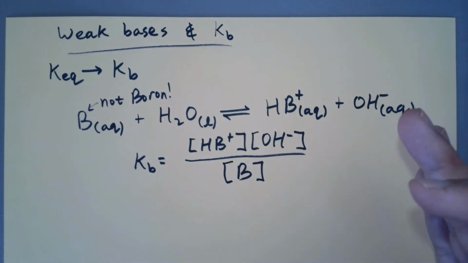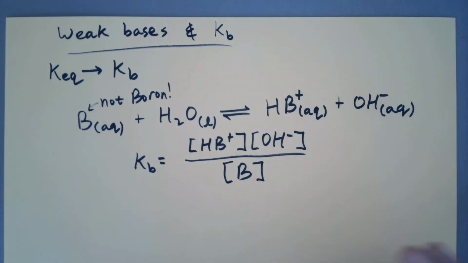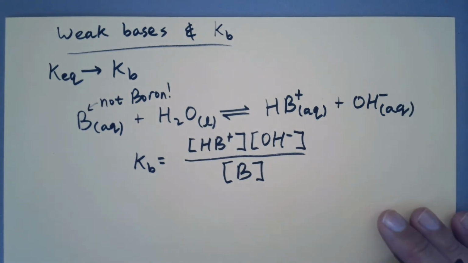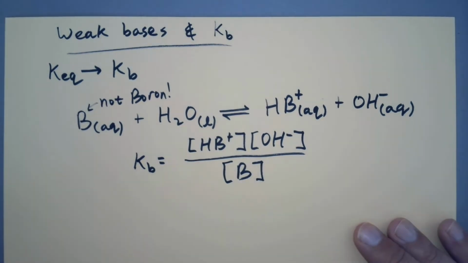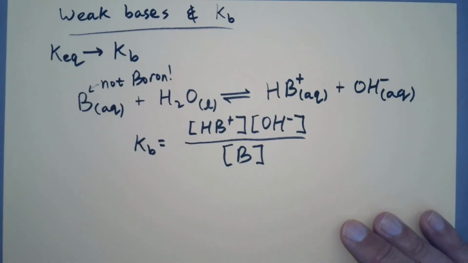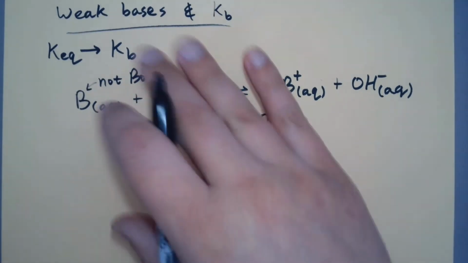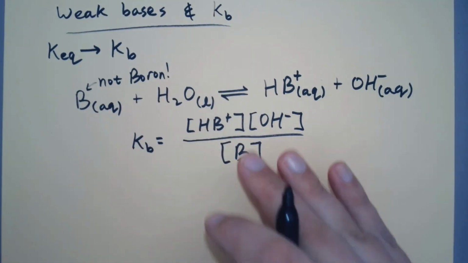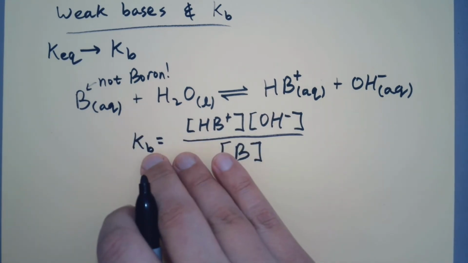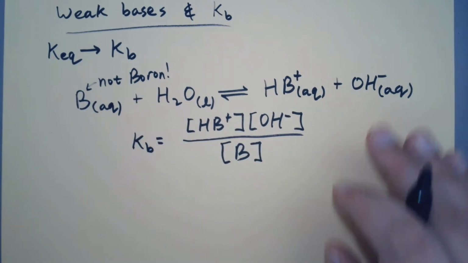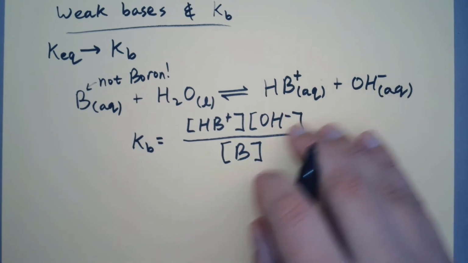There's another table in the back of the book. You can look up Kb values as well. So for the worksheet, guess where I'm going to go to get Kb values if I want you to compare them or something like that. Alright, so when we talked about acids, I'm serious, it's almost the exact same script, just all the A's become B's. All the H3O pluses become OH minuses, basically.